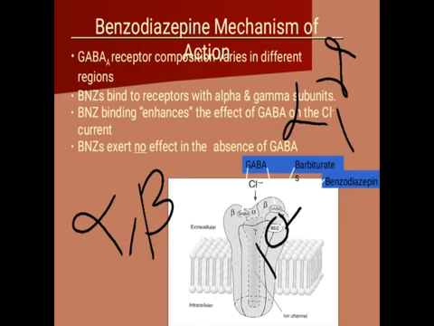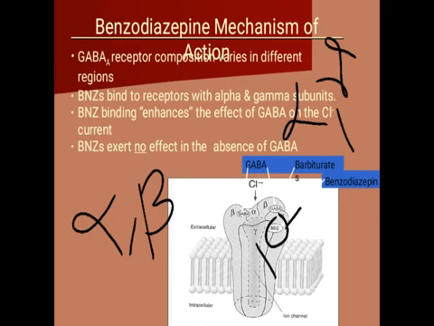First one, GABA receptor is a receptor which has this chloride ion channel. So when the opening of the GABA receptor or activation of the GABA receptor takes place, automatically the chloride ion channel will open, and due to the opening of the chloride ion channel, chloride ions enter into the cell.